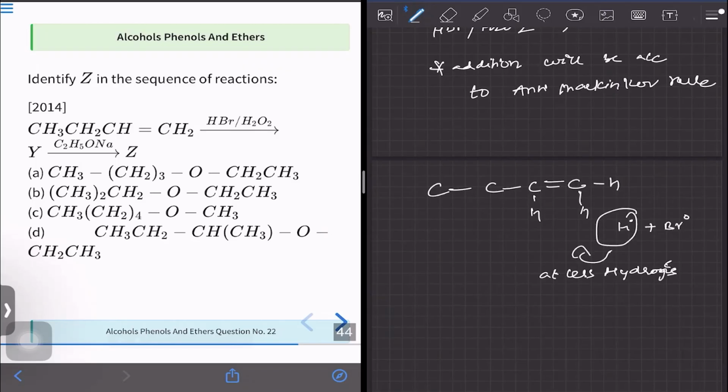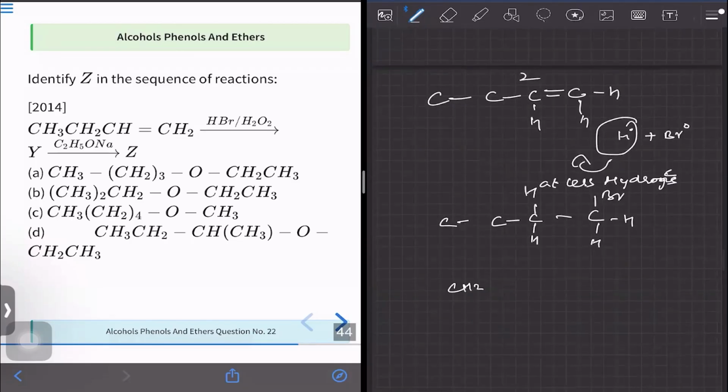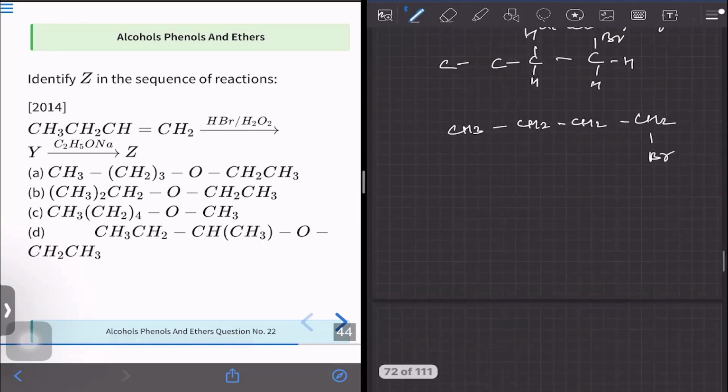So H reacts at the second position, forming C, H and H, and at the first position Br attaches. So what does it form? CH3CH2CH2CH2Br. This is the reaction whenever HBr reacts in the presence of H2O2.